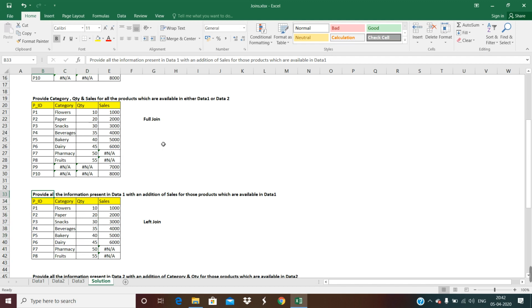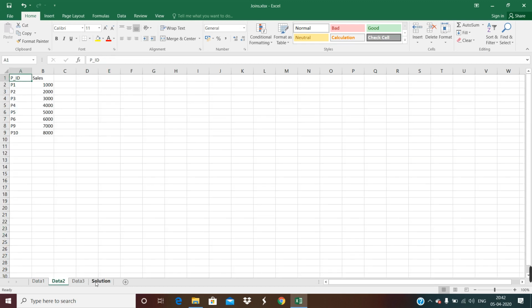With an addition of sales. So now we want sales also only for those products which are available in data 1. So if we just do a VLOOKUP of sales with my common key joining variable, which was product ID, we can get the sales from this data too.